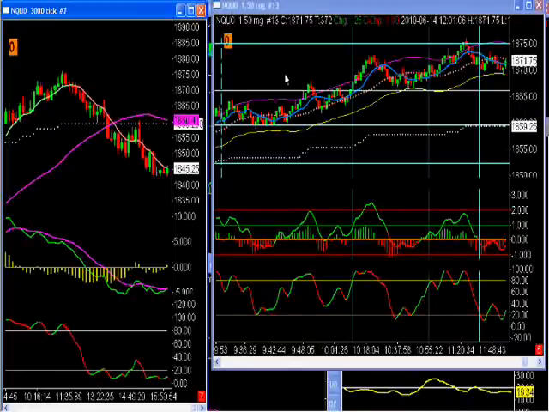I'm taking the setups as they occur off of a 1.5 point range chart, and this is the NQ that I'm showing you. If you're trading the ES, I might recommend a 1 point range chart. The 1 point range on the NQ is just a little fast for the room, so 1.5 has been working out pretty well. Plus you don't get a lot of false signals.